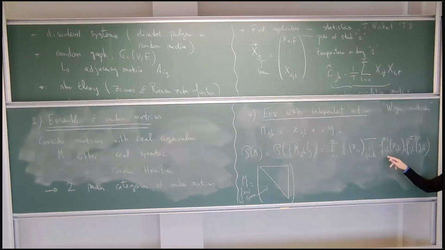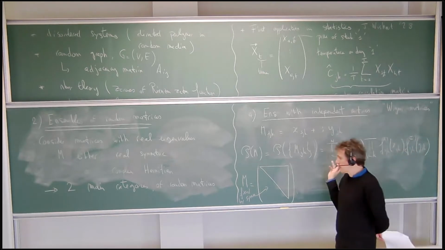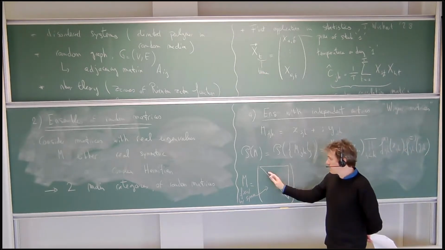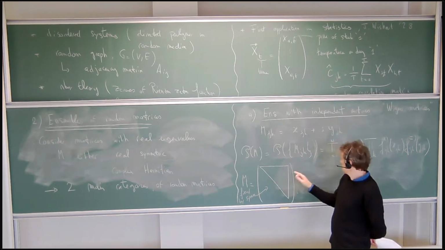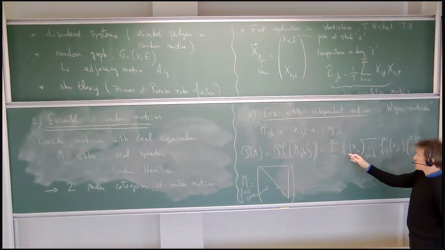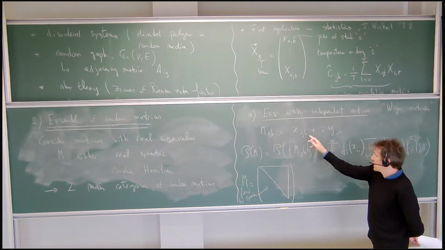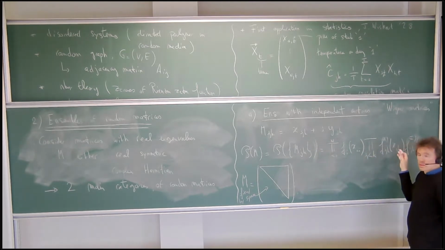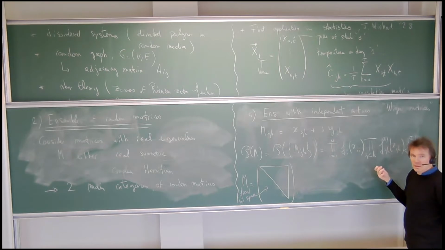Again, in principle, these distributions might depend on j and k, so you will have a set of independent entries, and you see this because the joint law of the entries is just a product, but they are not necessarily identically distributed.